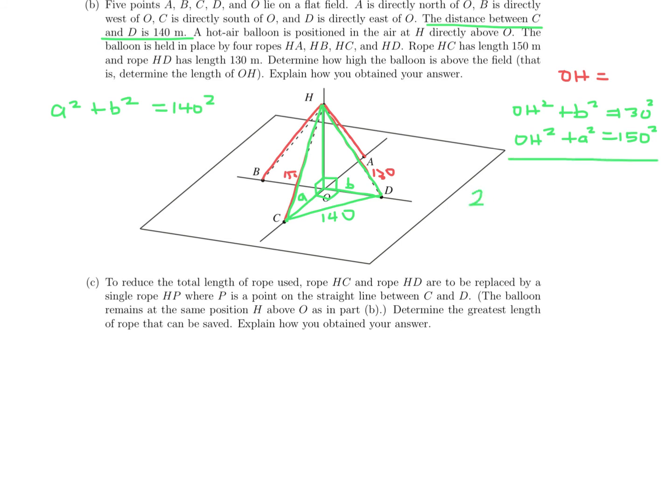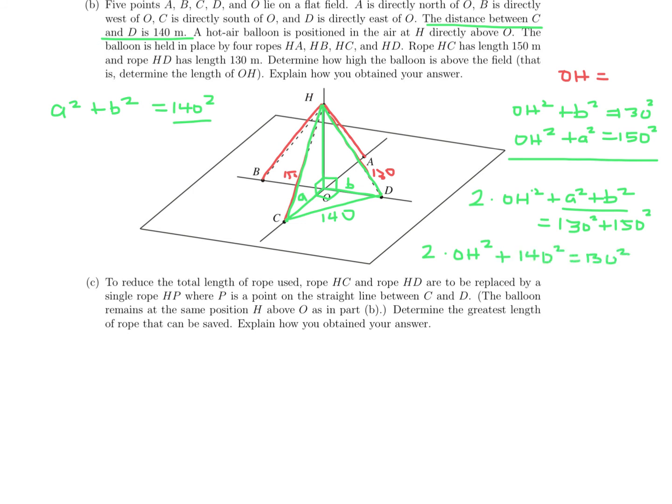This is going to be 2 times OH squared plus A squared plus B squared is equal to 130 squared plus 150 squared. And the good news is A squared plus B squared is 140 squared. So we just got rid of 2 variables. I'll just substitute 140 squared.